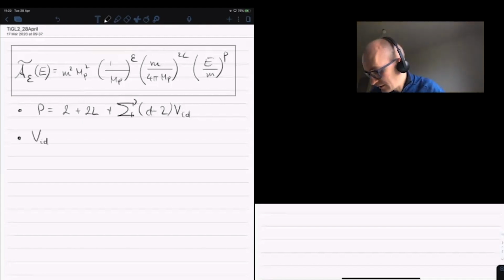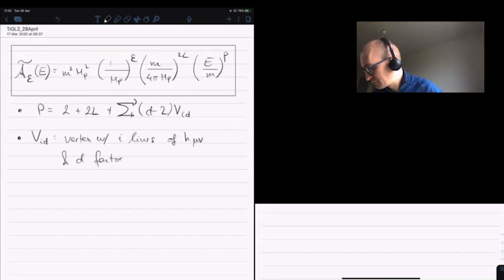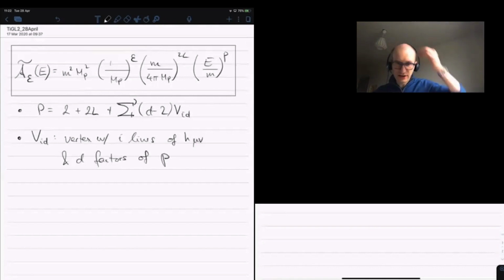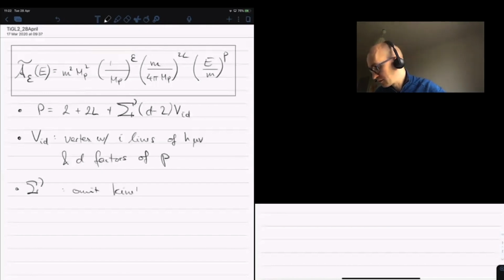So V_I d was a vertex with I lines of h mu nu and d factors of the momentum p, or derivatives. So it goes like p to the d. And this sigma prime, just to be clear, means we omit the kinetic term from counting. But this was naturally the case in our EFT discussion anyway.